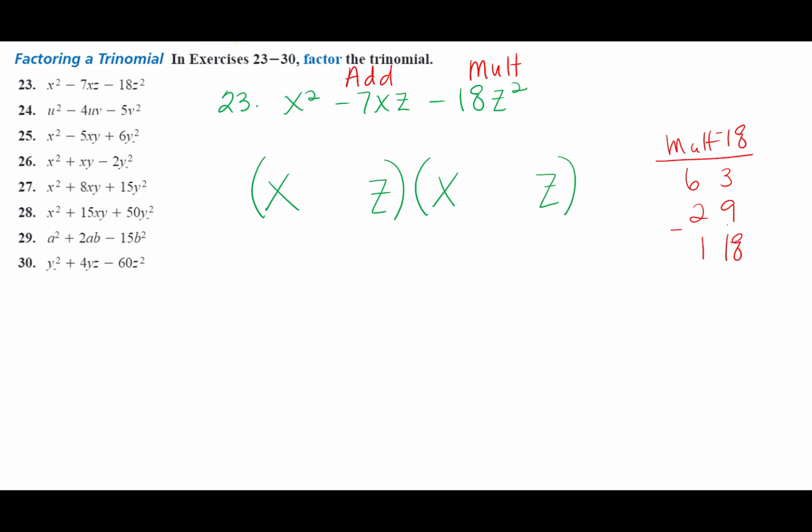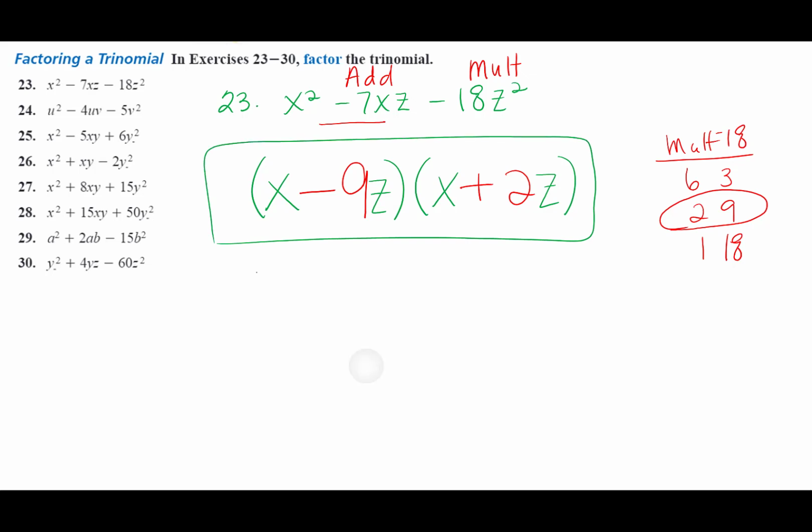Okay, you can look at 2 and 9, and those are two numbers that have a difference of 7. The two factors need to add to -7, so the larger number needs to be negative. So in this first parenthesis, I'm going to put a -9. The second parenthesis, I'll put a +2. And that's your answer. But let me just show you really quickly why this is the correct answer.